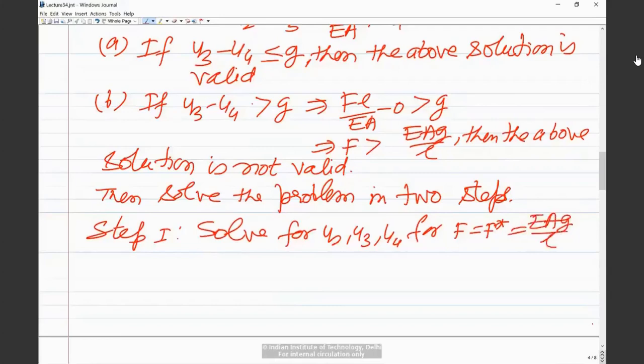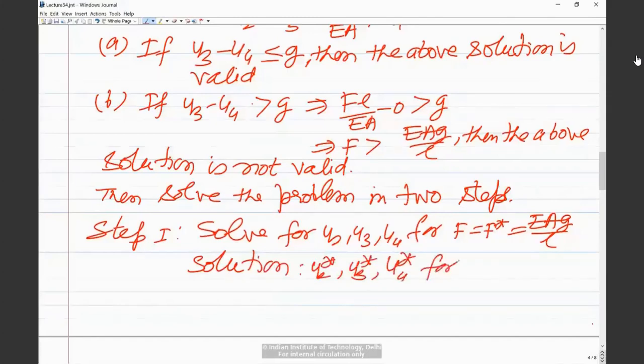So first we solve by taking the force as F star, although the actual F is greater than F star. Let us say the solution for this force F star is u2 star, u3 star and u4 star. This is the solution for F star equal to EAg upon L. So that's one.